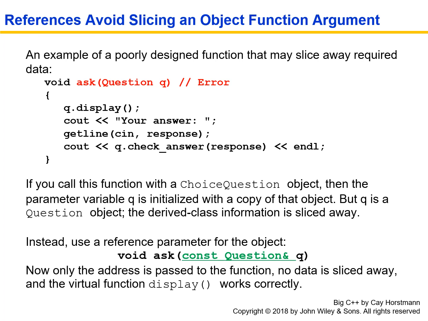One way to avoid this is if you have a function that takes a base class parameter, make it a reference parameter, not a copied value parameter. The copying of the value will slice off the derived class information. The sending of the reference will not.